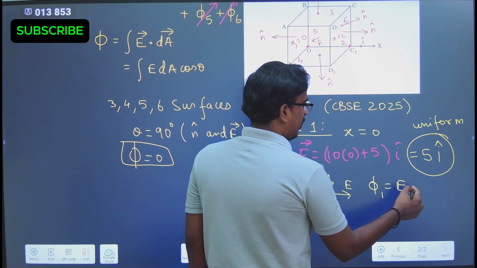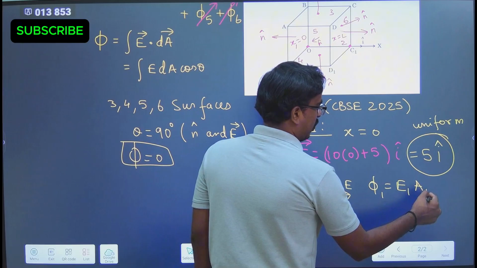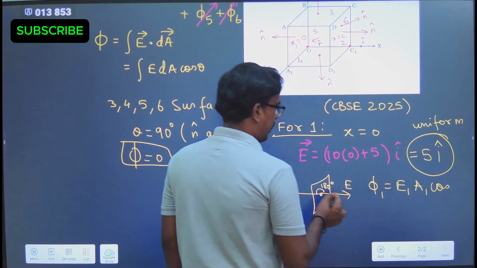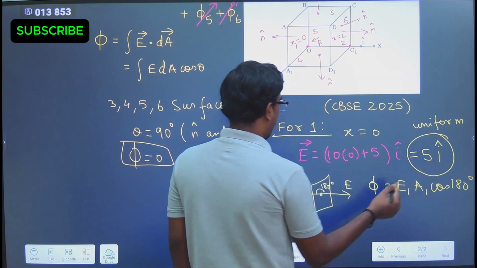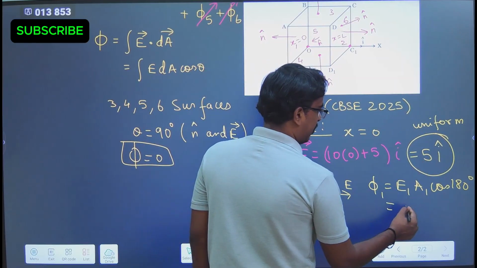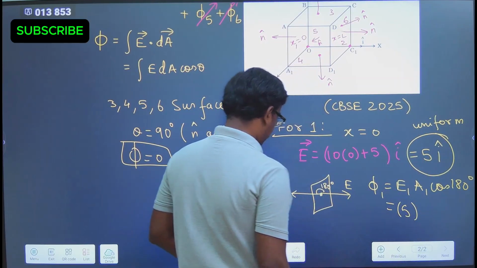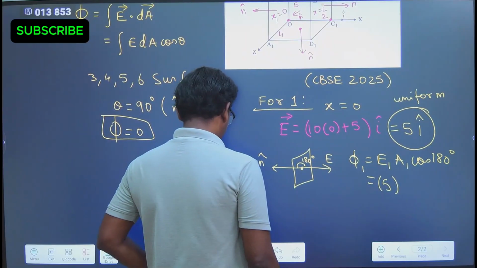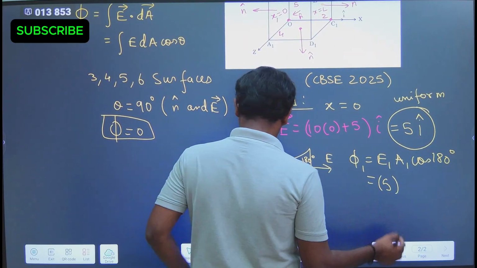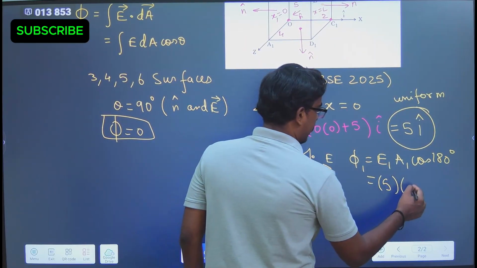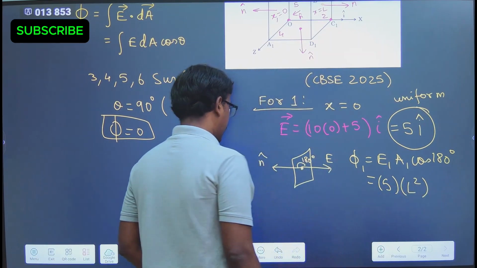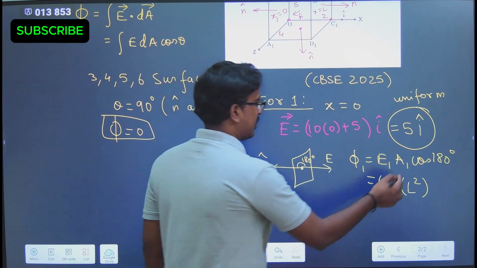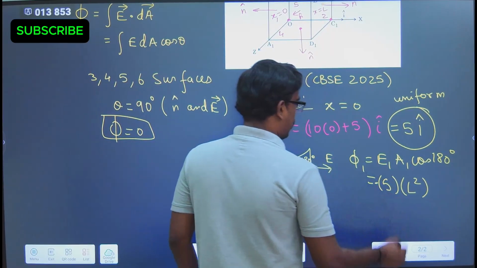E1 A1 cos, what is the angle here? 180 degrees. What is the electric field magnitude here? 5. What is the area? Area is nothing but L square. So, this is 5 L square. Since there is a minus, there should be a minus.